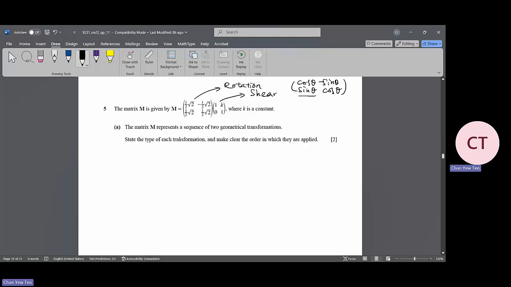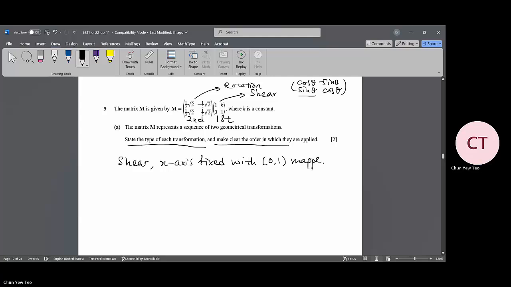So what you need to do is that we need to state the type of the transformations here and make clear the order in which they are applied. So this one will be first, after that followed by the matrix over here. So we just say that this is shear, the x-axis fixed, with the point 0, 1 map to K, 1.